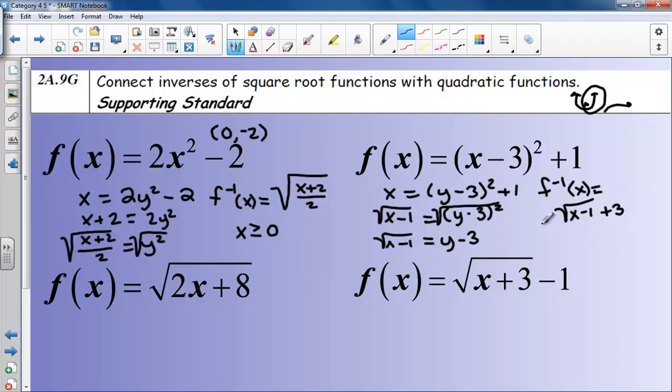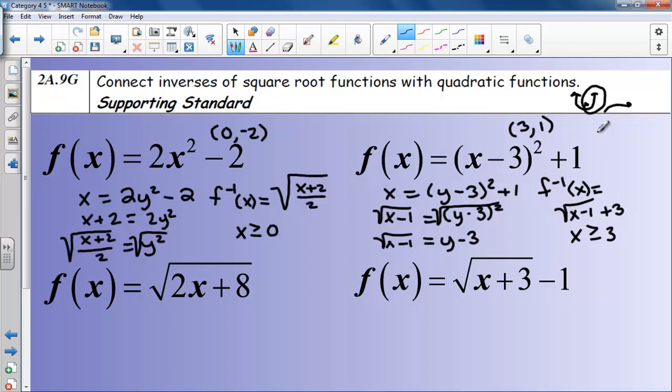And I can graph and check that. And my hk values here are 3 and 1. So this was my vertex for this function. So this is where I want to start my domain. So I'm going to restrict it to values greater than or equal to 3.